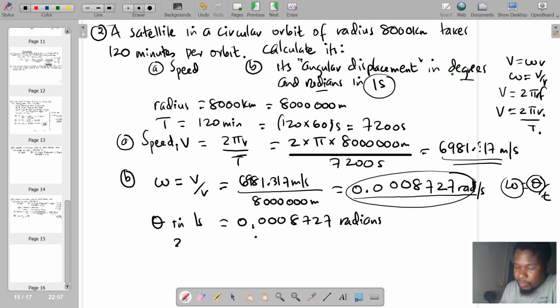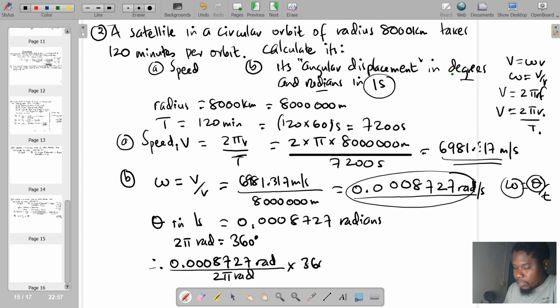If 2 pi is equal to 360 degrees, therefore 0.0008727 radians divided by 2 pi radians multiplied by 360.